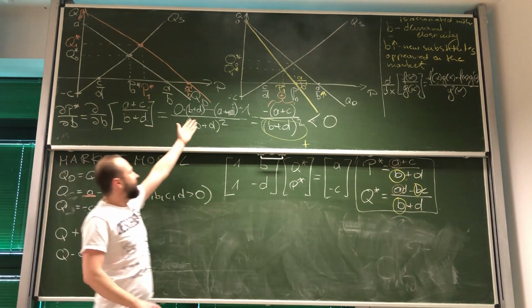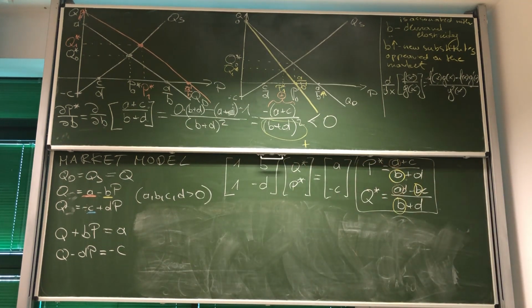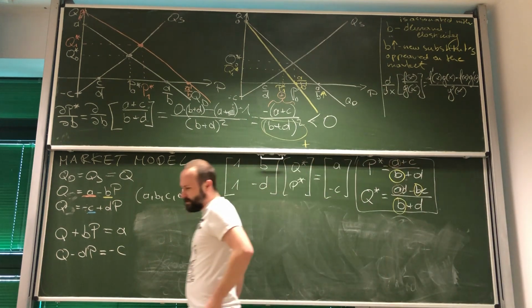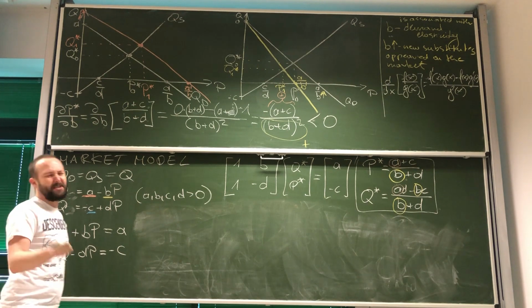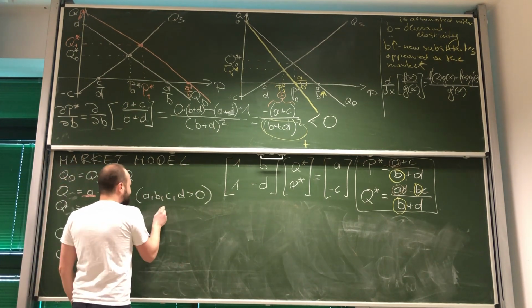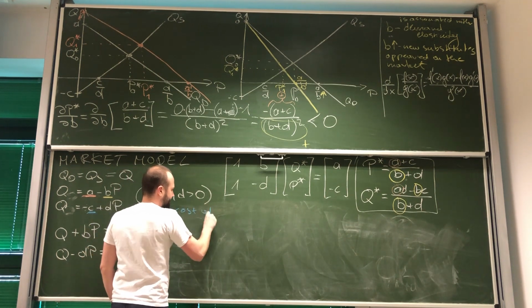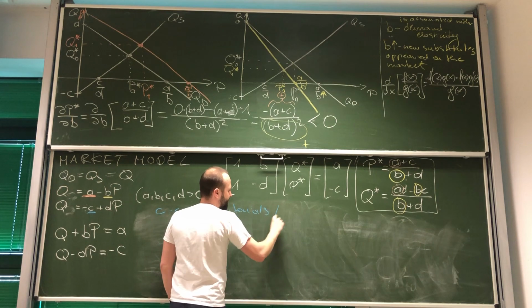C can be thought of as a cost of production or as taxes. That would probably be the easiest interpretation, so let's treat C as either cost of materials or taxes.